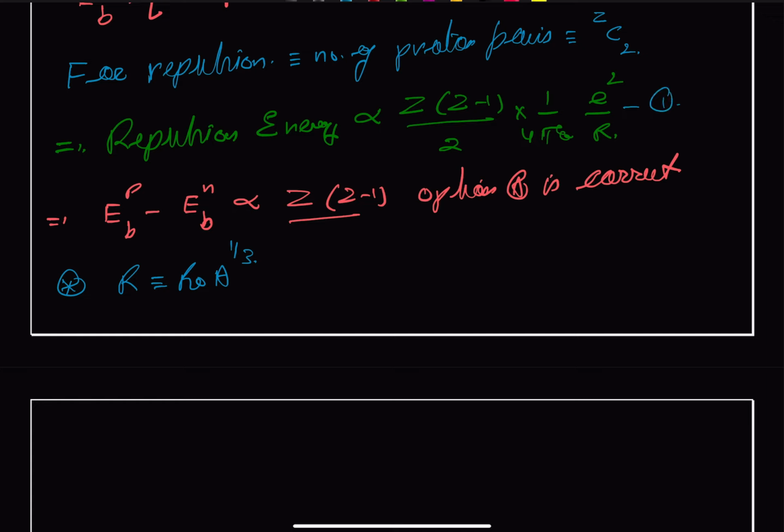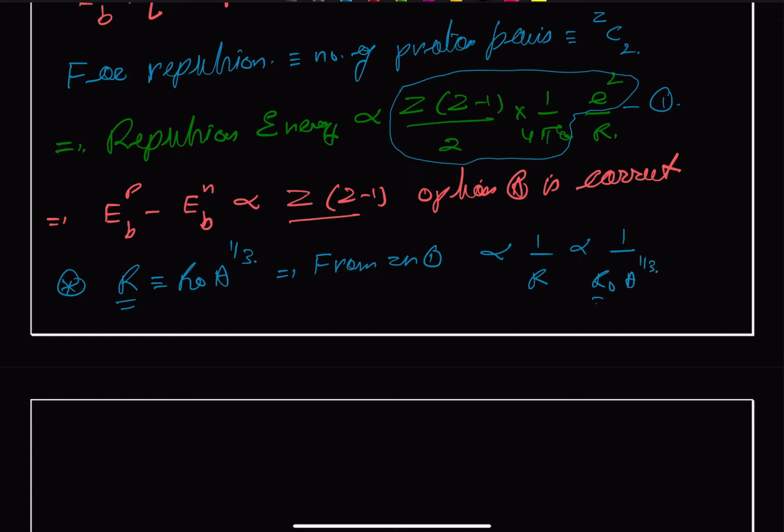If in equation 1 we substitute the value of R, and assume that the remaining part is more or less constant because it is based on proportionality, then this will be proportional to 1 upon R, which gives us proportional to 1 upon R naught A to the 1 by 3.